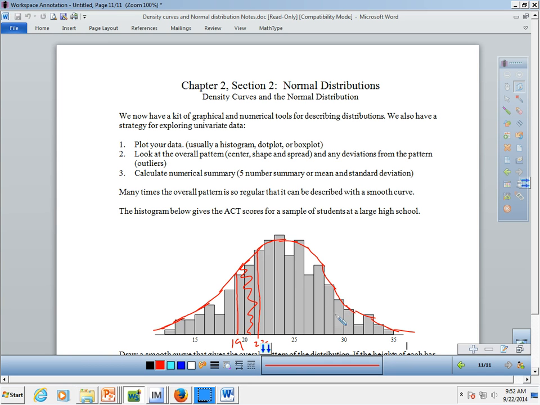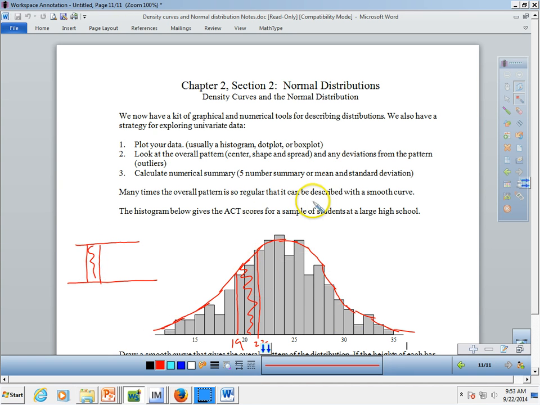We talked a little bit about certain density curves. Remember, there are different types of density curves. We've got uniform density curves, skewed density curves, and symmetric ones. For uniform, it's easy. You just find the area of a rectangle, right?